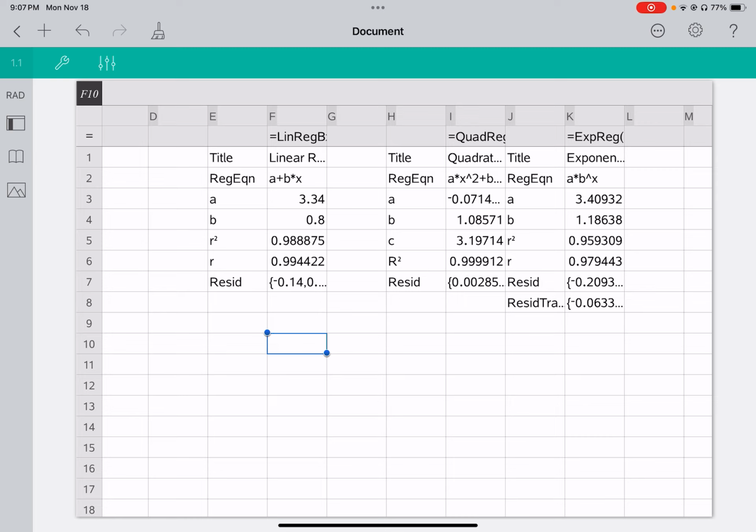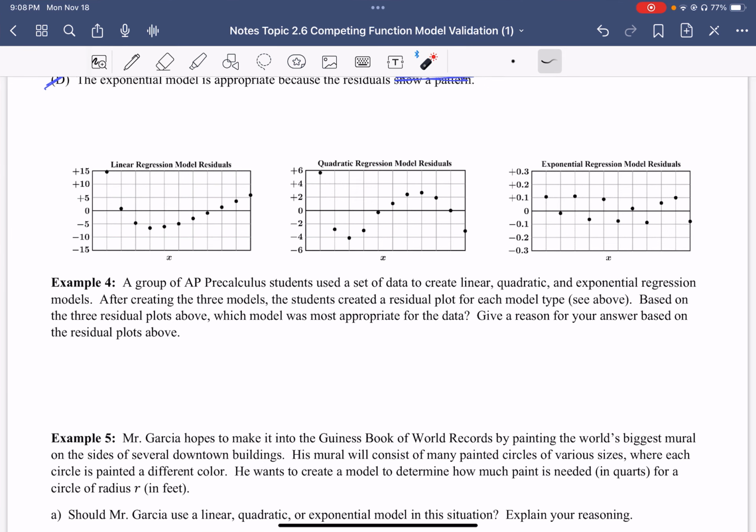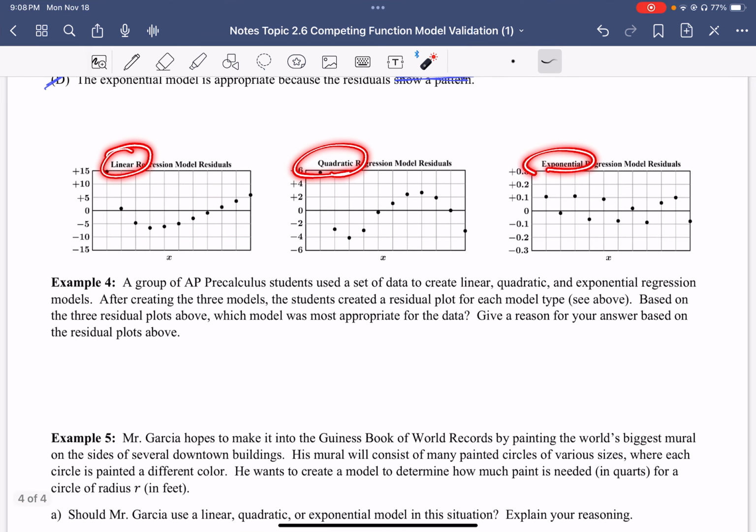Even though quadratic and exponential are not the appropriate model, because the question literally told me to run a linear model, the calculator is going to allow you to run as many as you want, even if they are incorrect. So that's what these students did. They had one table, and on the same spreadsheet, they ran linear, quadratic, and exponential. And then from there, they're going to analyze the residual plots to determine which one is the correct model.